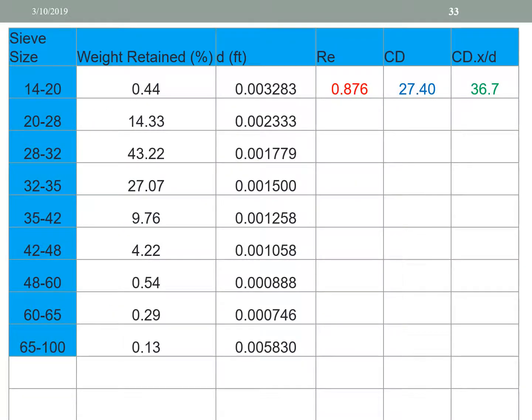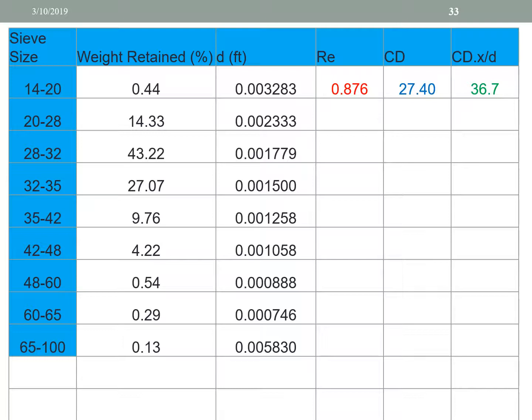Now let's go back to the tables. Again, at the first column we have sieve size, then weight retained in percent, that's 0.44. Then the average diameter of the particles for sieve number 1. Reynolds number, we calculated in the previous slide, we plug it in here. Then CD, again we calculated and put in here, and the CD X over D we calculated we plug in here.